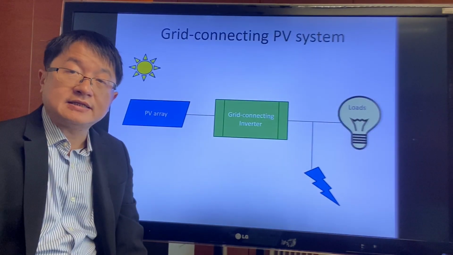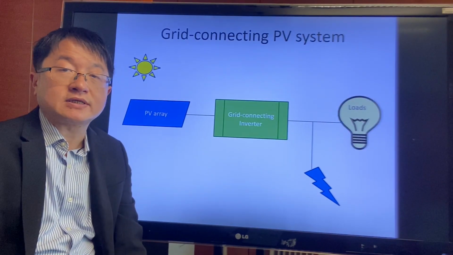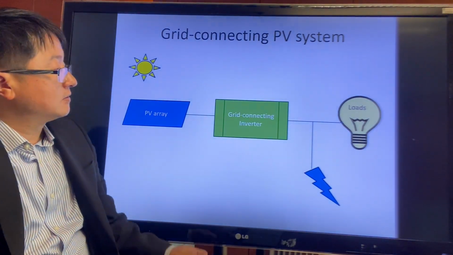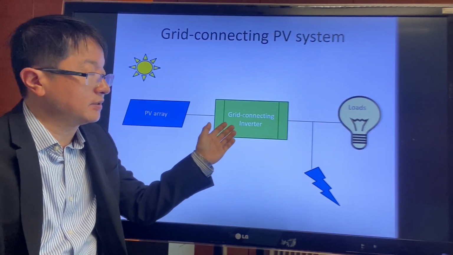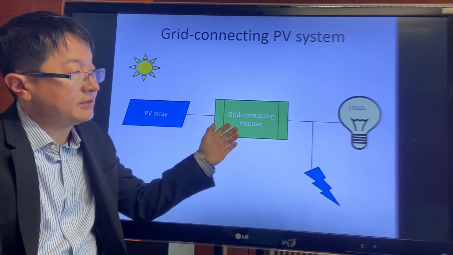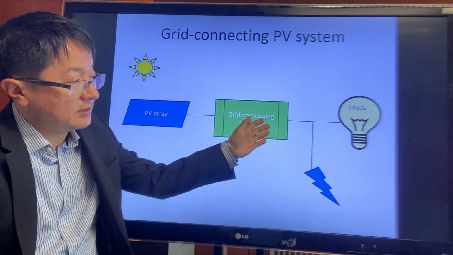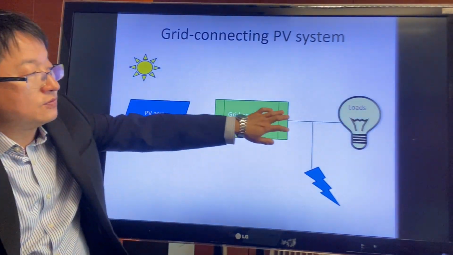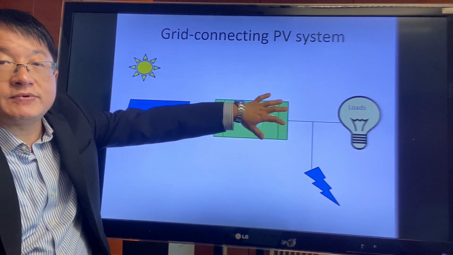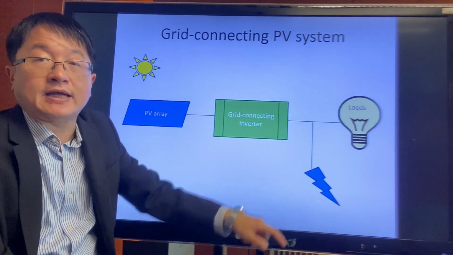Another system is called the grid connected PV system, where we have the PV array connected to the grid connecting inverter, and then you can connect your appliances at home either to this grid connected PV system or directly to the main supply.